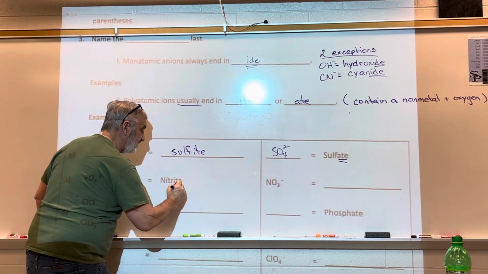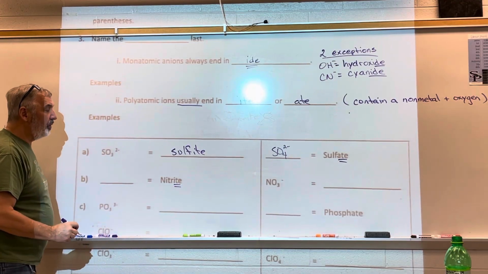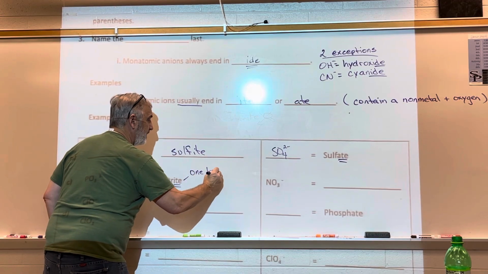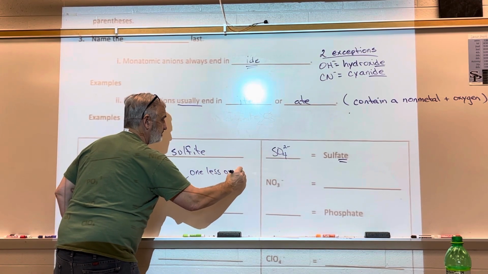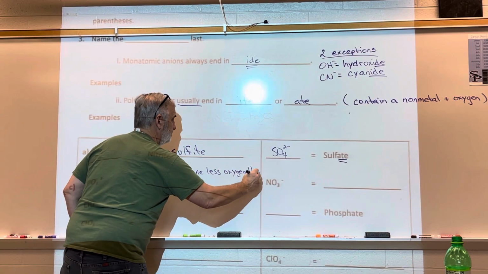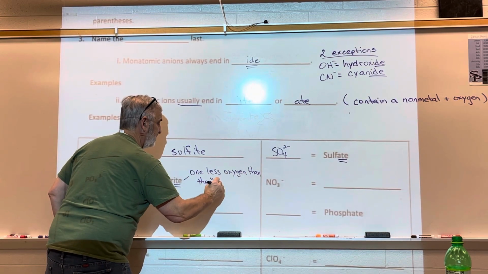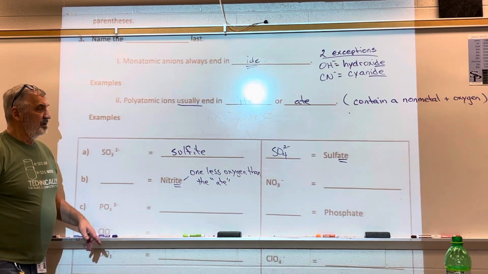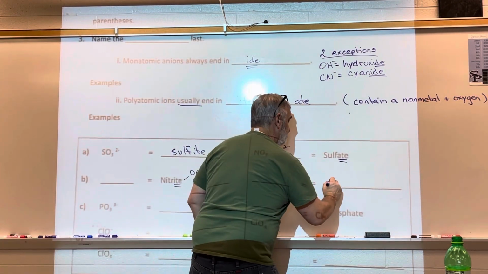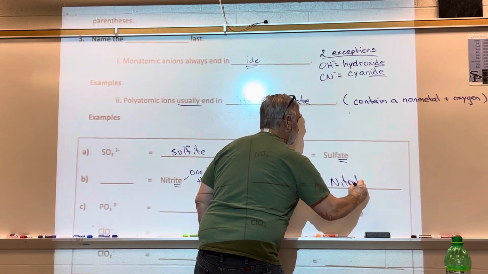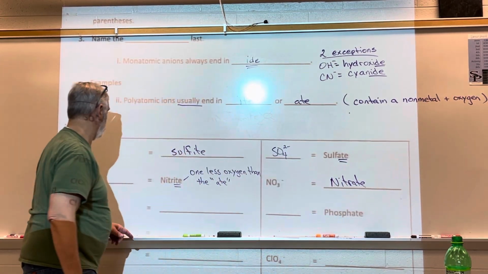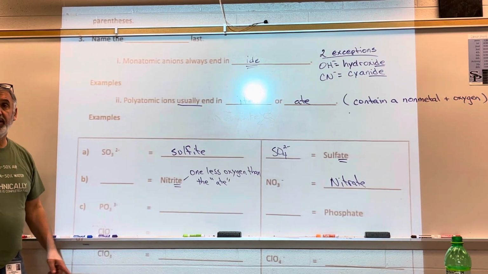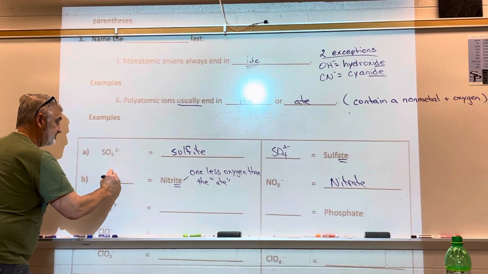The ite ending always means one less oxygen than the ate. So if NO3 minus is nitrate, what's nitrite going to be? NO2 minus.